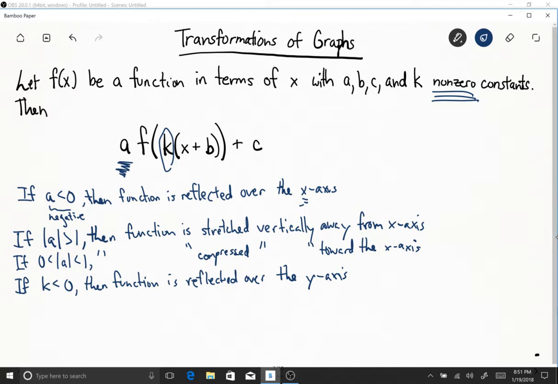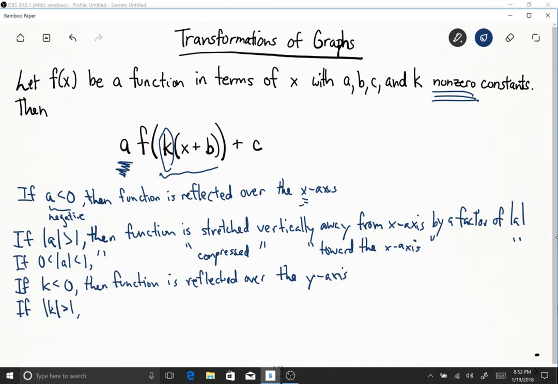Other scenarios. So now here's where it gets tricky. Oh, and before I should put away from the x-axis by a factor of the absolute value of A, and this is also by a factor of the absolute value of A. So now in this case, here's where it gets kind of everything that's inside the function. So notice all these components are inside of the function.